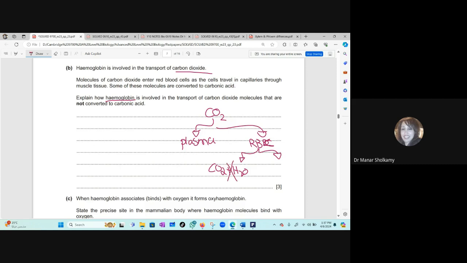But this is not what they want. They want to know what happens to the carbon dioxide if it does not react with water. What will happen to the carbon dioxide? It will react with hemoglobin. Yes, the hemoglobin will react with the carbon dioxide to give me what?